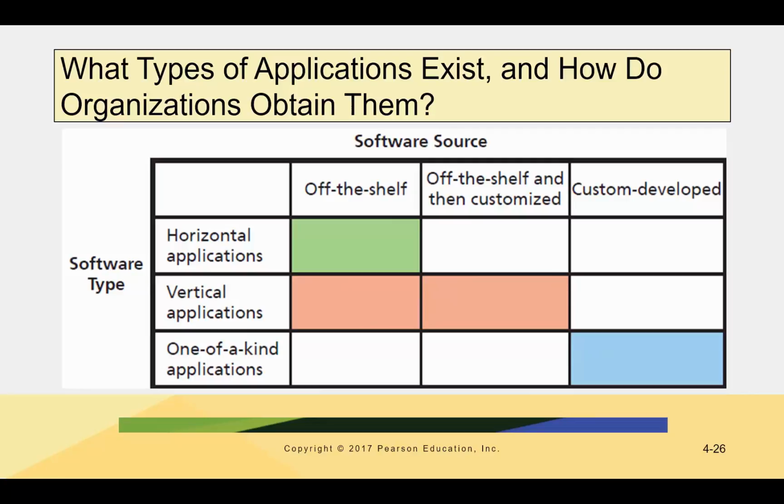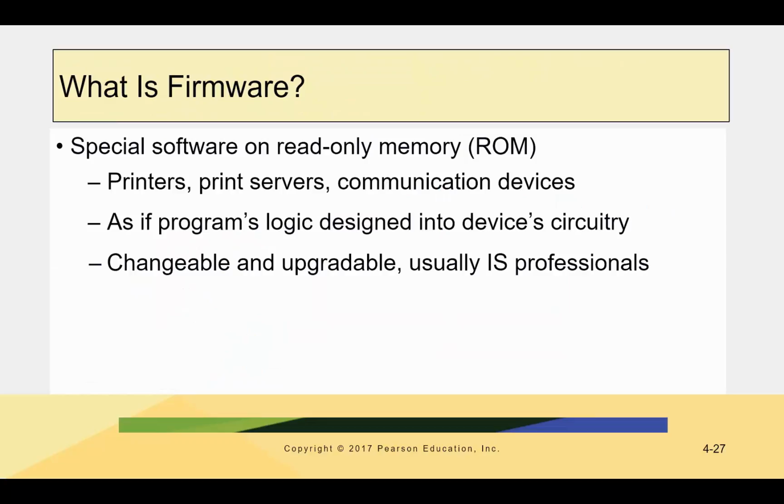Applications. You can look at those three types right there. Firmware is not software, it's not hardware, it's not middleware. It is a mini operating system, special software, the author calls it. I call it a mini OS, something that will operate a mini application that is put on ROM.